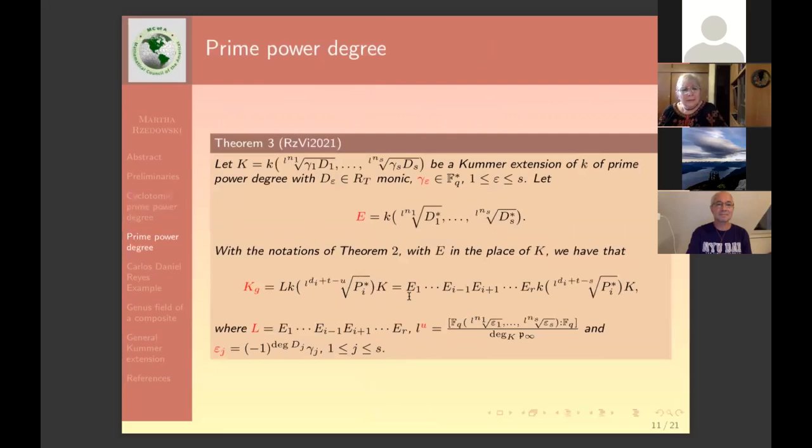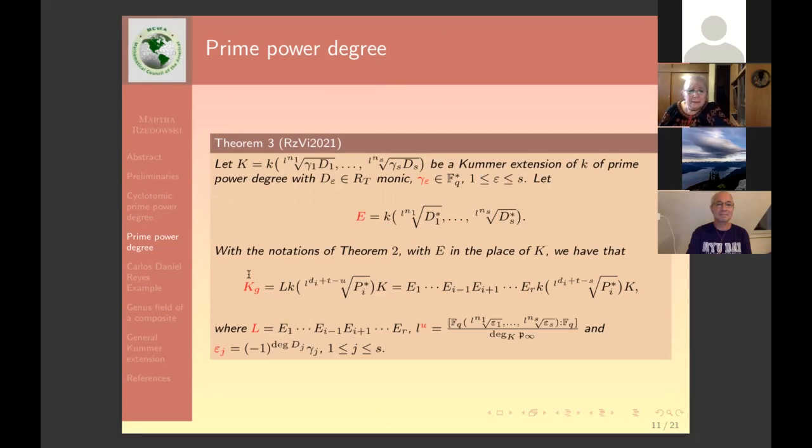Now we get to this more general situation where we don't require that we are in the cyclotomic field. We might be outside, but it's still a Kummer extension. Still, we have one prime L and several radicals. What we do now is obtain an auxiliary field E that is contained in a cyclotomic one.